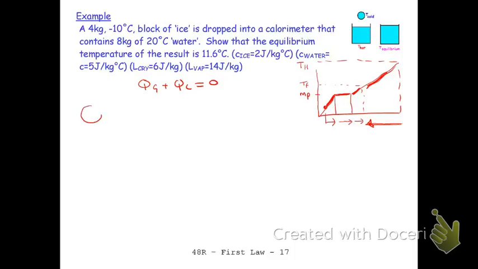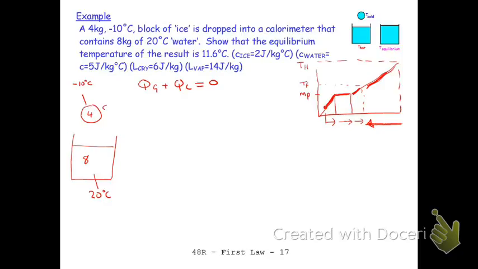So we have 4 kilograms of minus 10 degrees C ice dropped into a calorimeter that contains 8 kilograms of 20 degrees C water. Now we're given some other stuff.